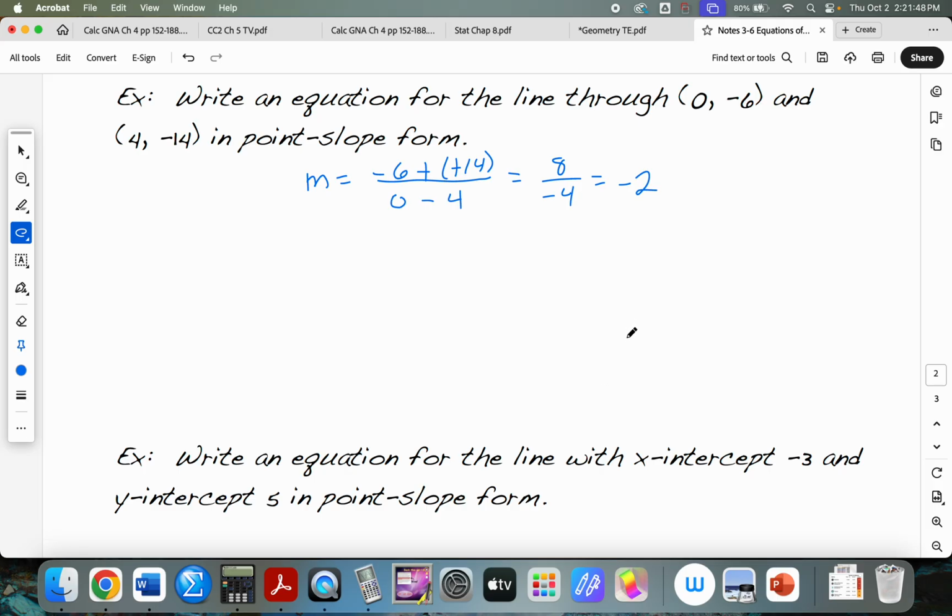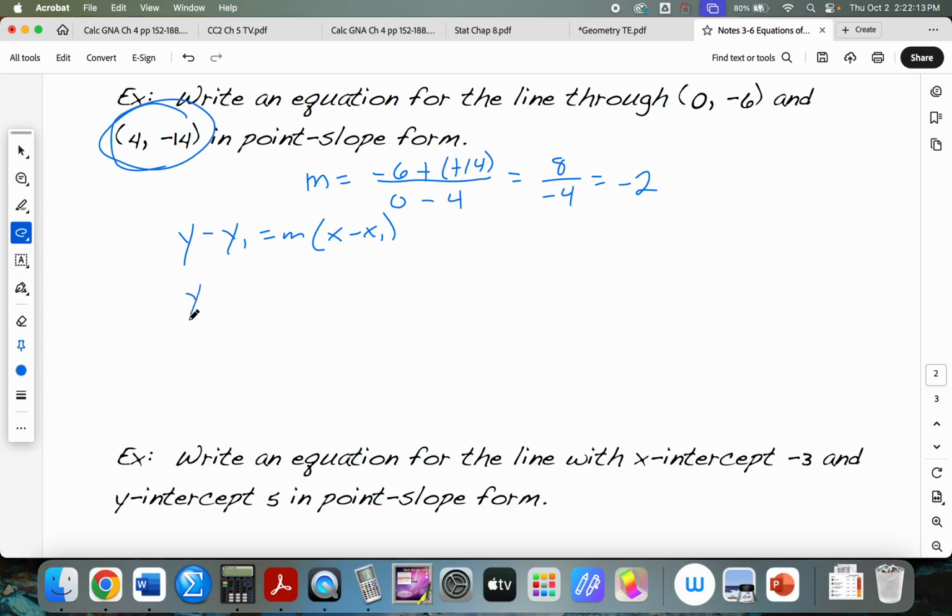Now, do we have a point and a slope? We actually have 2 points and a slope, and you can pick either one of them. Your choice. So y minus y1 is equal to m times x minus x1. Let's use this point.